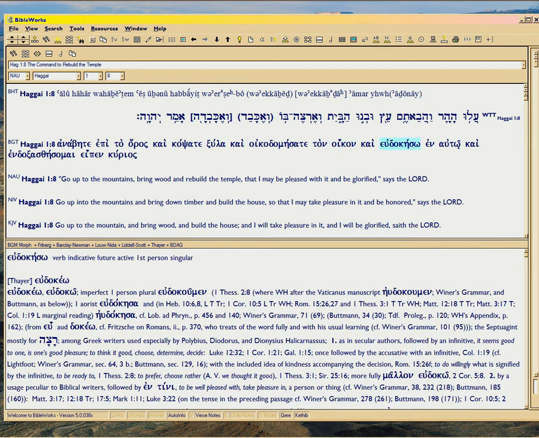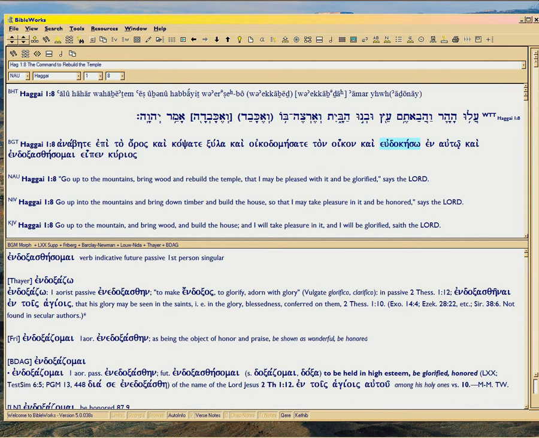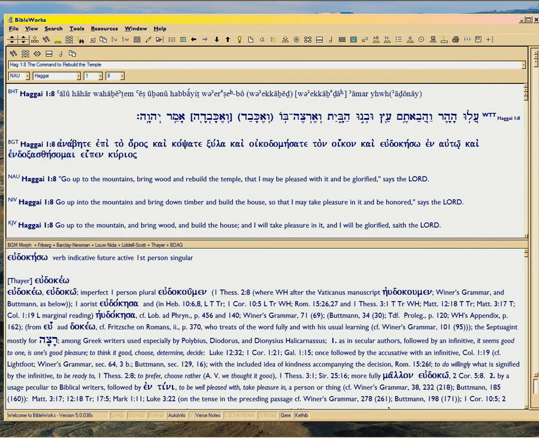And approve. See, this is the word for be pleased, and this is the word translated glorified, but it really has a connotation of an approval. In other words, you've got glorifying that is not approved, and glorifying that is approved.